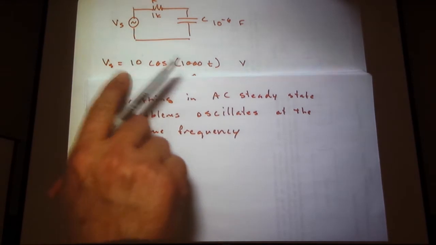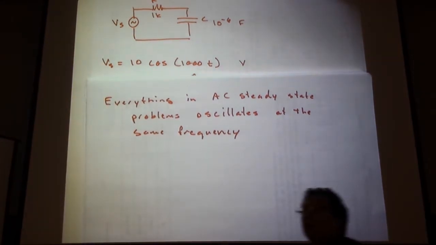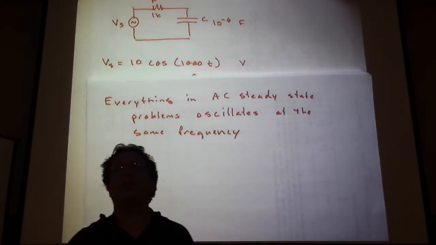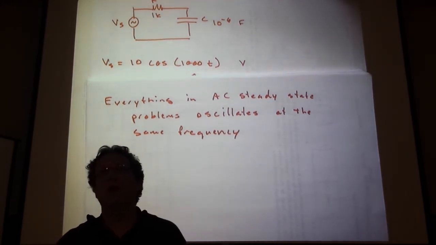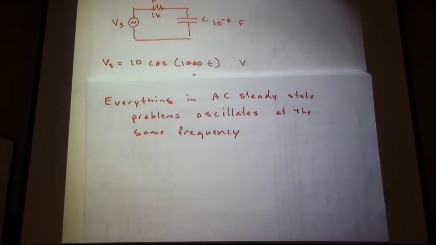And so that has the same implications here. If we have a source that oscillates at 1,000 radians per second, then the voltage across the capacitor is going to have the same oscillation frequency, radial frequency. The voltage across the resistor is going to be the same radial frequency, and same with the current. So everything's going to oscillate at the same frequency. If that's not the case, you have active components.